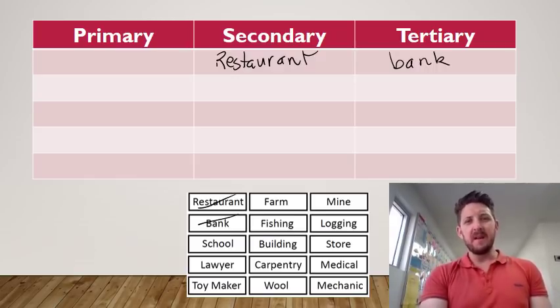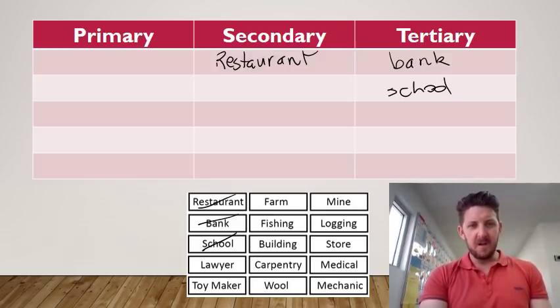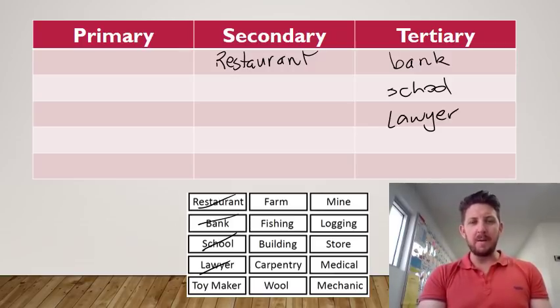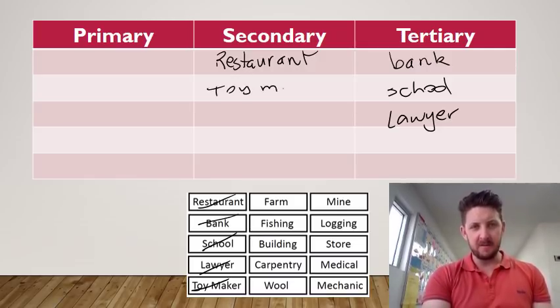A school. They're going to teach us. We're going to put that into tertiary. It's a service. A lawyer. They help us when things go wrong or when we need to buy a house. It's a service. A toy maker. They take things like wood and different other raw materials and make them into our toys. So I'm going to put a toy maker into secondary.